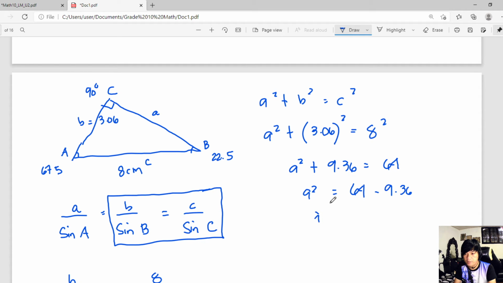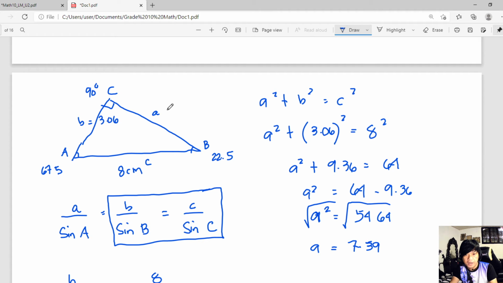So A squared is equal to 54.64. Get the square root of both sides so we can get A. A is equal to 7.39.